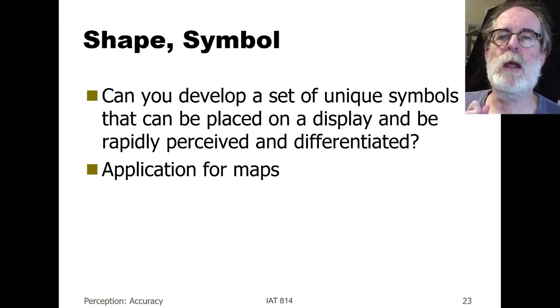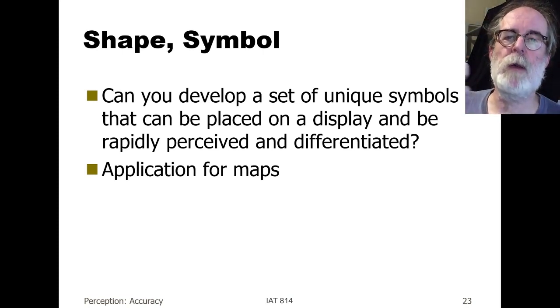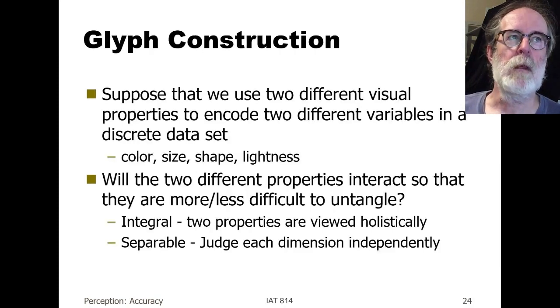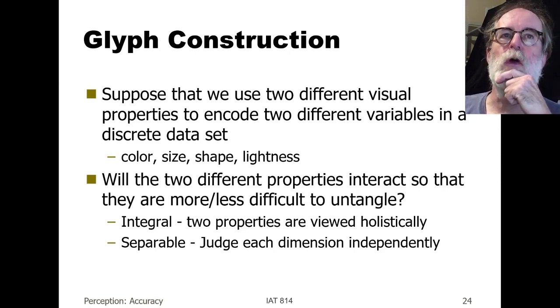The goal is a little less, mainly because we've talked about the visual dimensions that can be readily used to pick off numbers. Now we're going to talk about things where the goals are a little less strong. So suppose that we have two different visual properties to encode two different variables in a discrete data set. The reason why we're saying two is with one visual variable, it's comparatively easy. So let's say you're drawing circles.